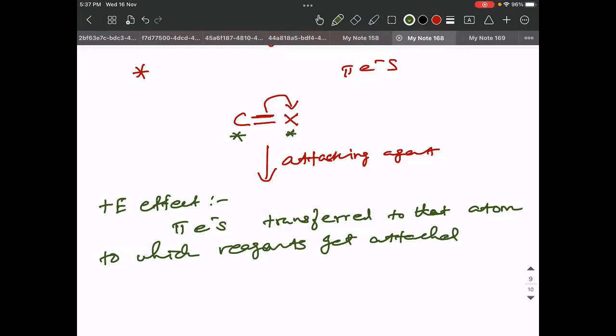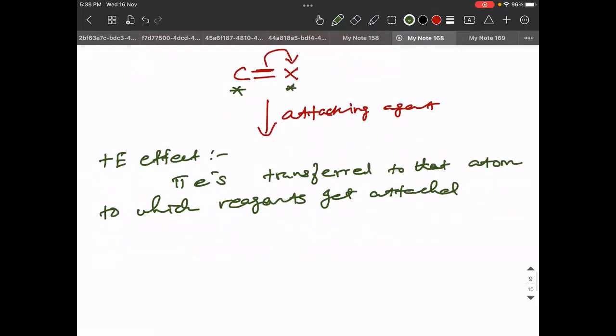We are going to see the alkenes and alkynes unit. When you have a carbon-carbon double bond, the addition reaction will take place in the presence of acid. In the presence of acid, the H plus ion is attached first, followed by the Br minus ion. If you are going to add HBr, HBr means H plus and Br minus. So the reagent is Br minus. Where the Br minus is attached, that is what we are going to see.